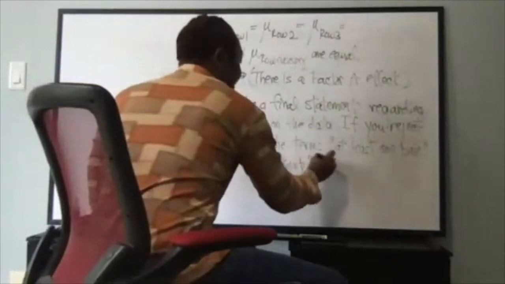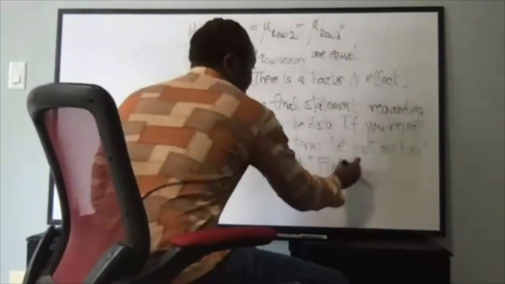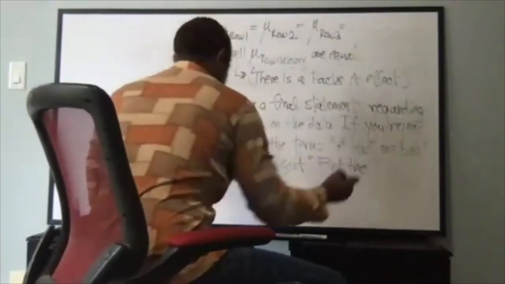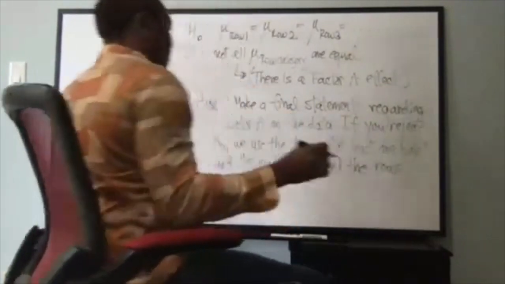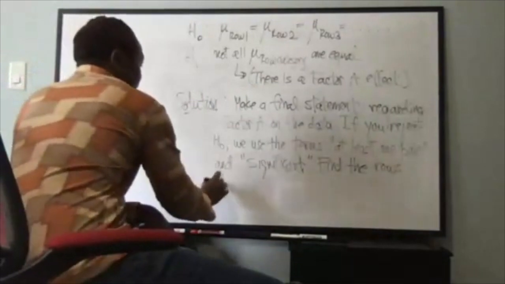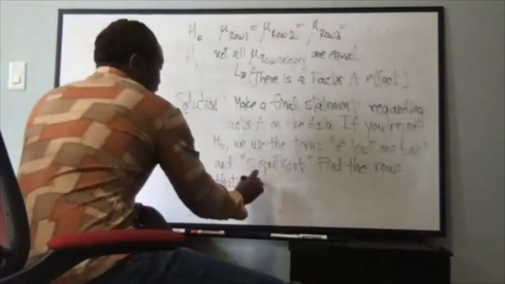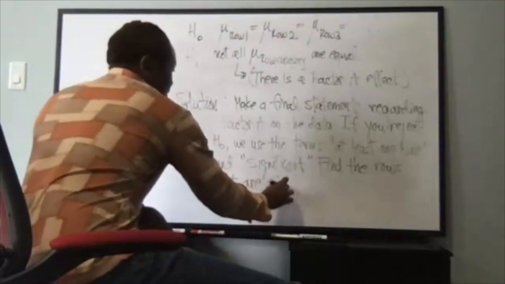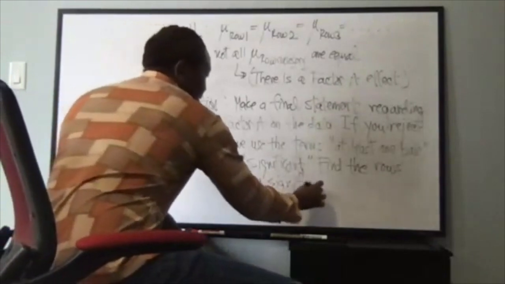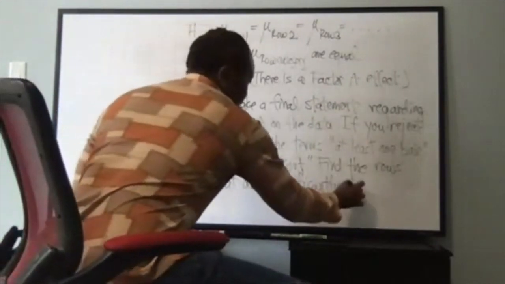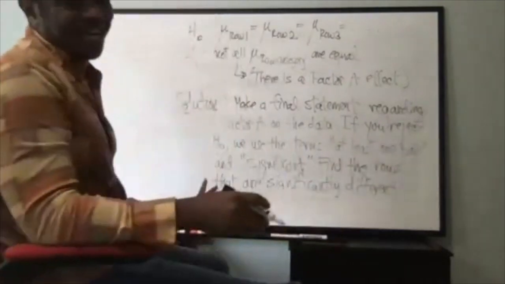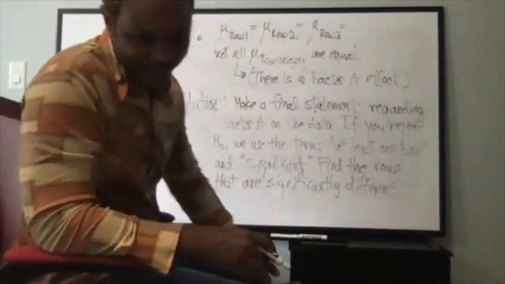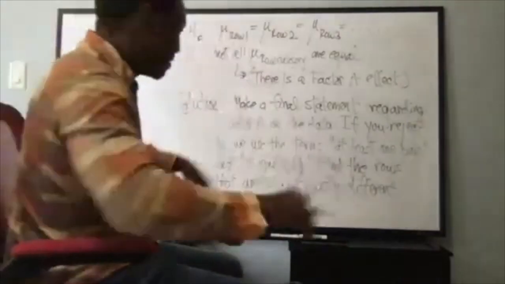And then find the rows that are significantly different. And I'll let you guess which process we use to figure out which ones are different, right? I won't even write it.